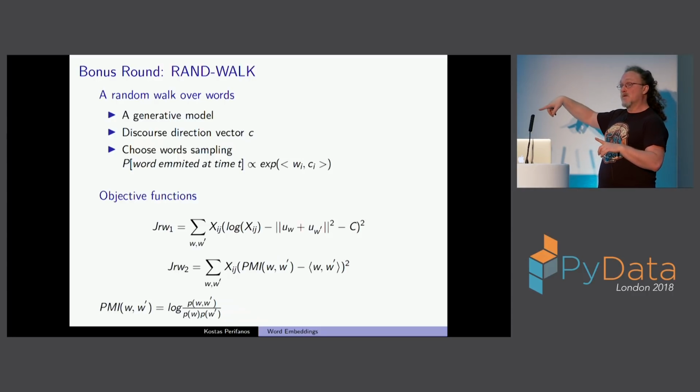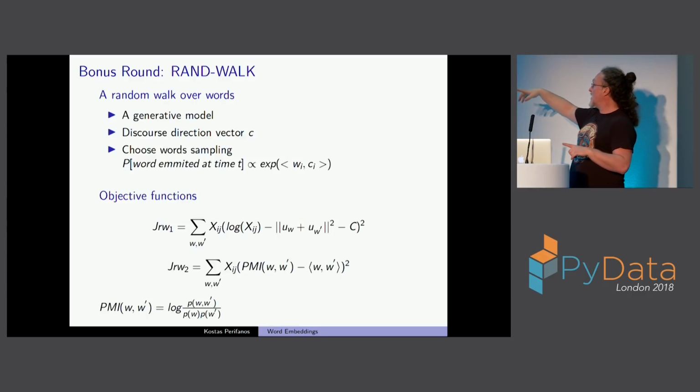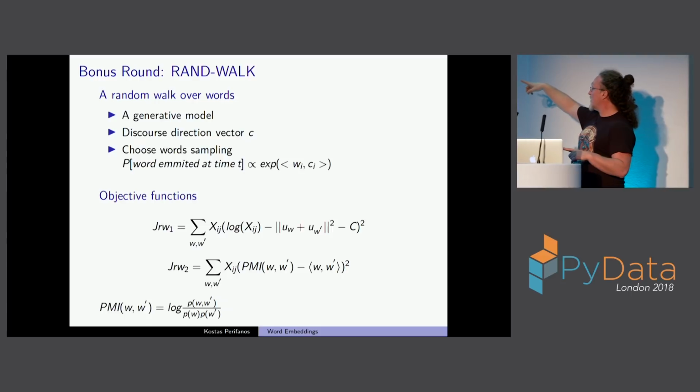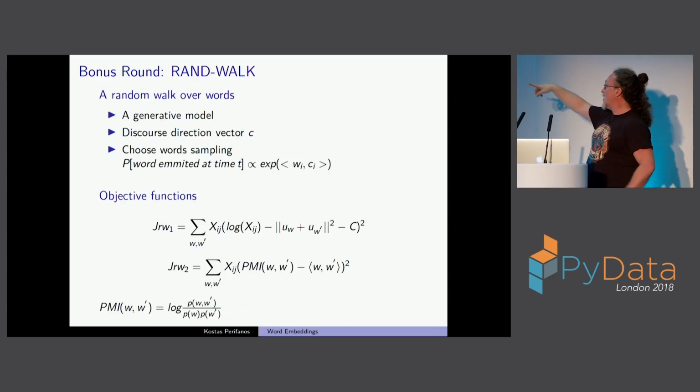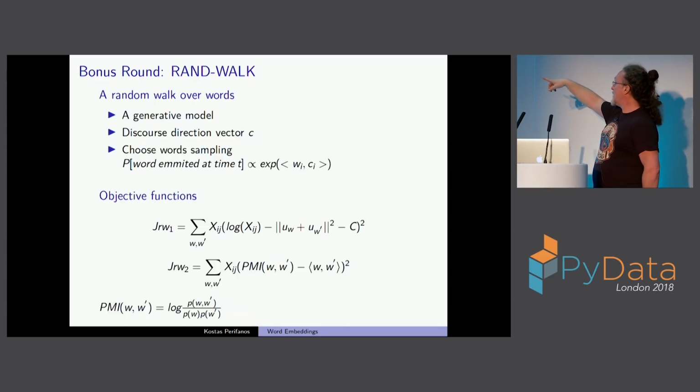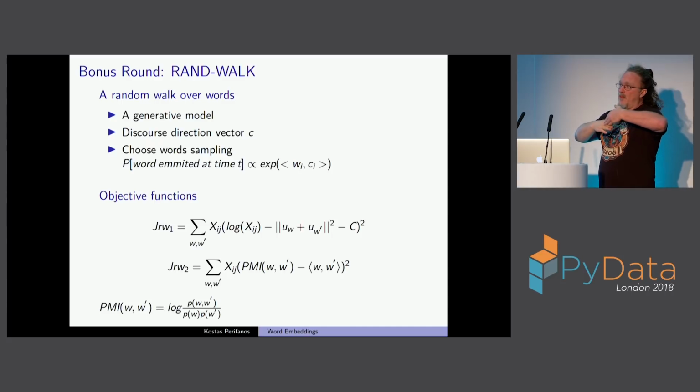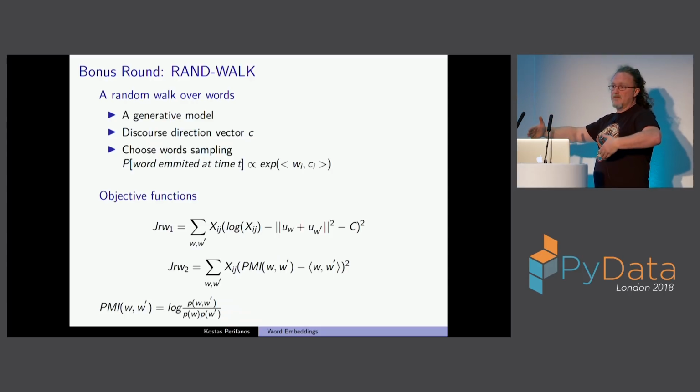Then the next word in the sequence that is going to be generated comes from sampling the distribution of the dot product between the discourse vector, like the random vector, and the vocabulary, right?